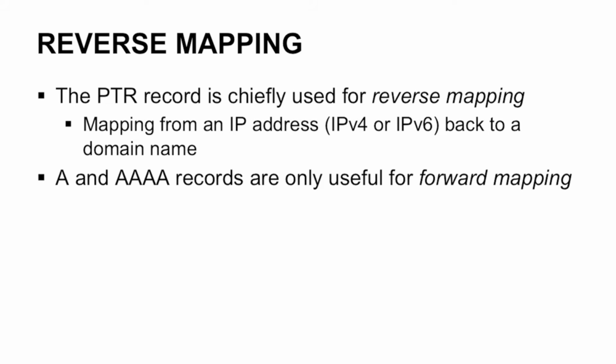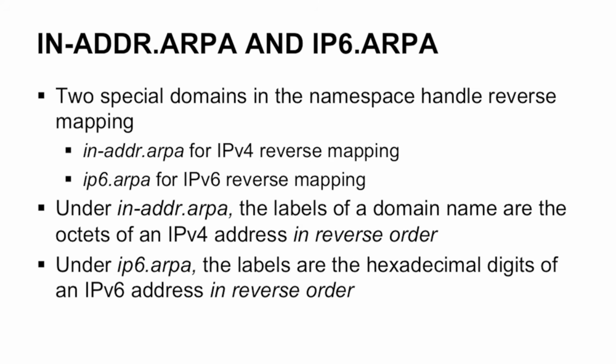You can't easily do an exhaustive search of the namespace for the domain name that points to that address. Instead, there's a special part of the namespace in which the octets of an IPv4 address or the hexadecimal digits of an IPv6 address are used as the labels of domain names. That makes it easy to determine which domain name to look up when you're given an IP address. And the type of record you look up for that domain name is a pointer record.